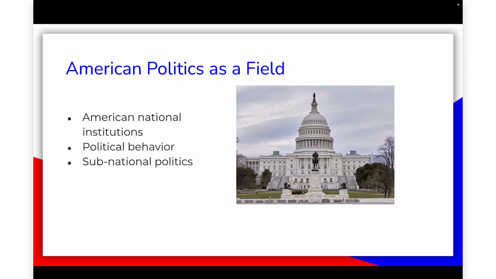Political behavior, that is how people vote, how people engage civically, how people engage in democracy, democratic attitudes. Think polling, think public opinion polling, and the behavior of voters and residents in the United States. That's the best way to think about it. And then there's also subnational politics, which just means state and local government.